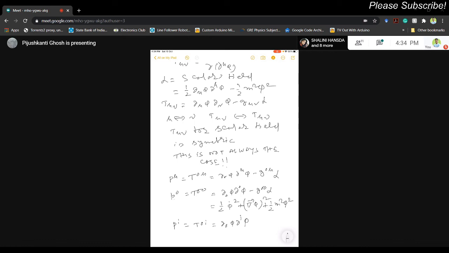Isospin is basically SU2 internal symmetry, taking neutron and proton as a doublet, and then we have simply U1 symmetry where a field phi changes by a phase e to the power minus i theta. That is U1 symmetry, and these U1 symmetries are responsible for charge conservation of different kinds, be it electric charge, baryon number, or lepton number, or similar conserved quantities.